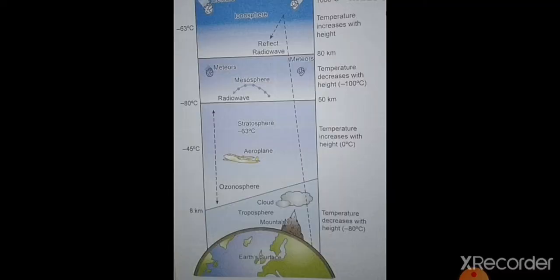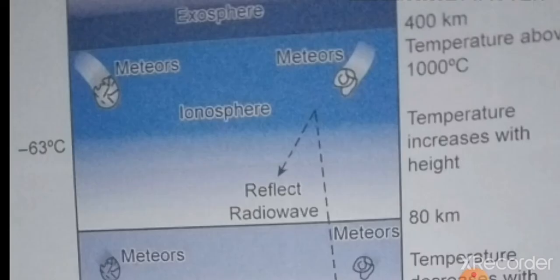The next layer is the thermosphere. Thermosphere extends up to a height of 450 kilometers from the Earth's surface. Here, the temperature increases with height because this layer absorbs various types of solar radiation.